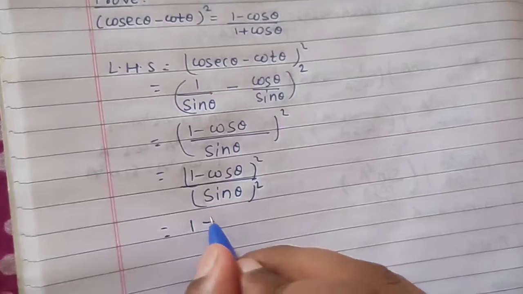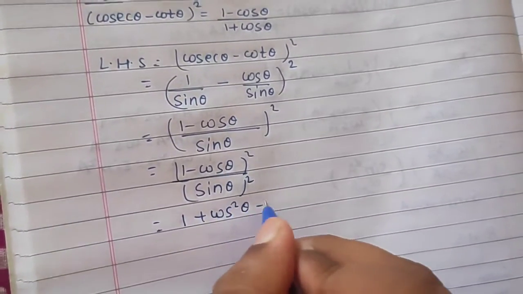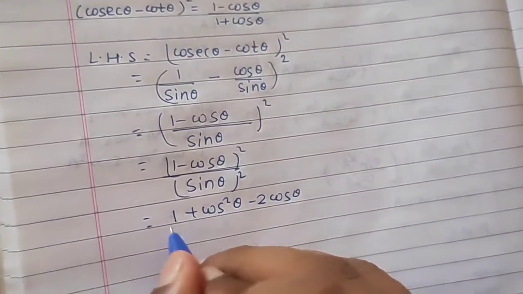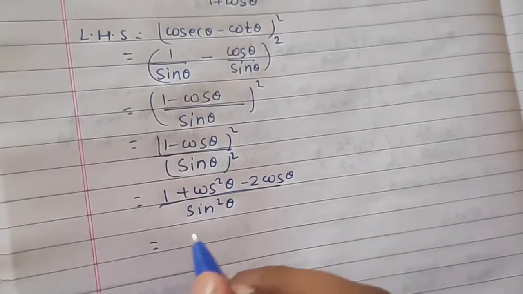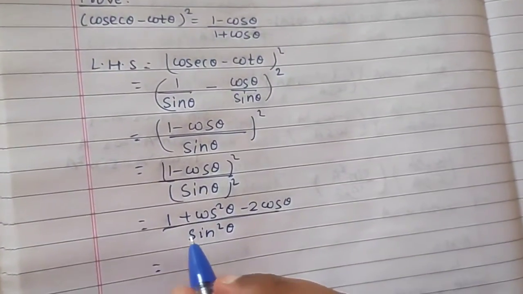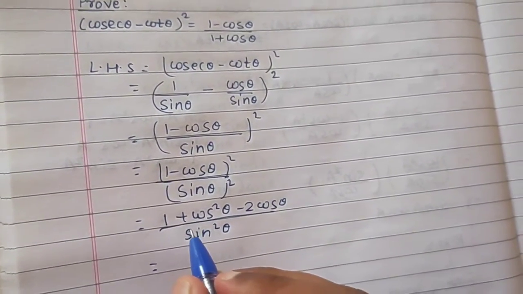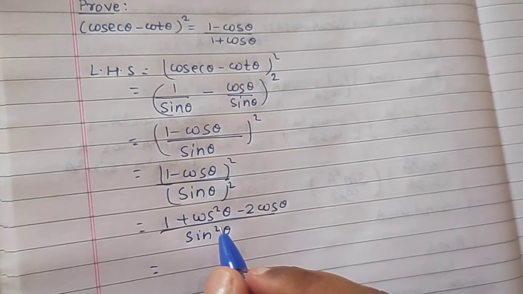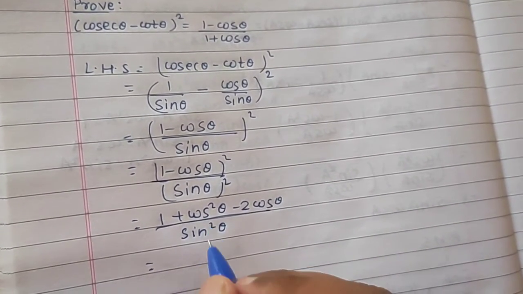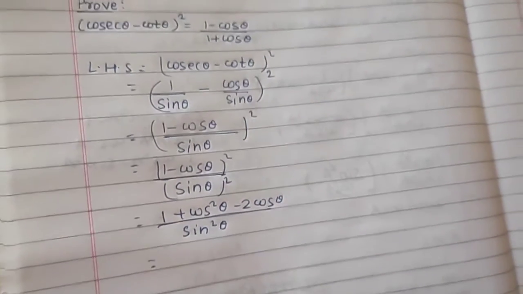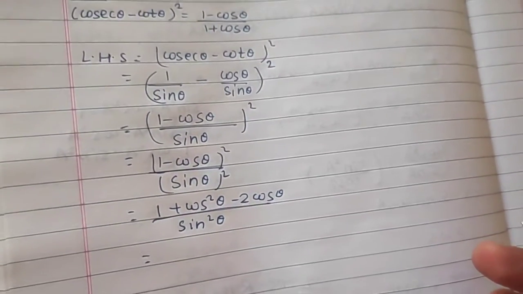In numerator I have 1 plus cos square theta minus 2 cos theta, and in denominator I will have sin square theta.